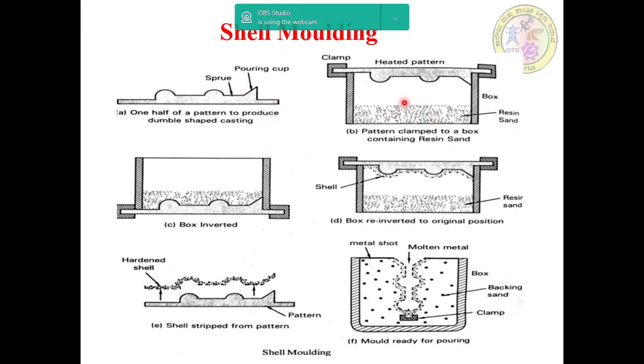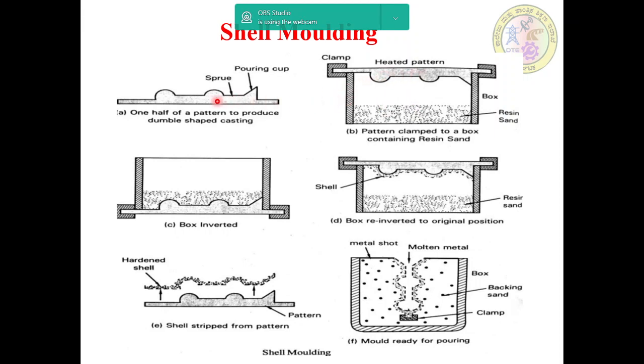Okay, this is the thermosetting resin. Here this is the shape of the casting to be produced. First we have to prepare the sand mix, consisting of washed and dried fine sand particles and thermosetting binder as a resin. Here you have to place it in the box. Okay, after placing the box you have to fit it.